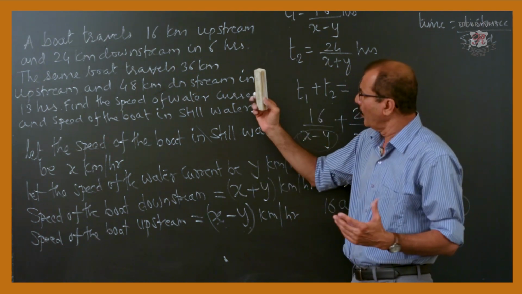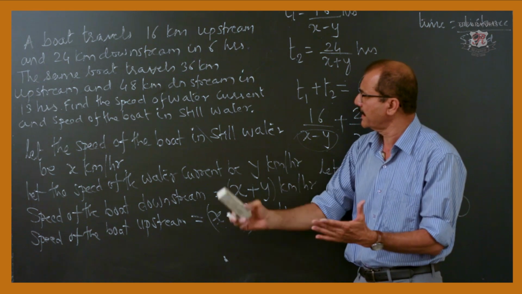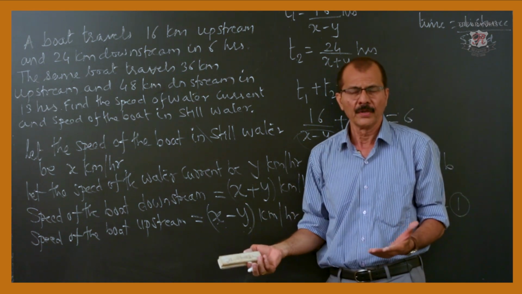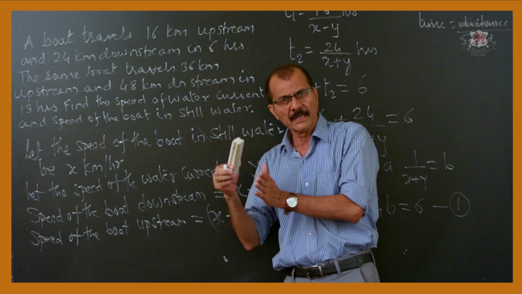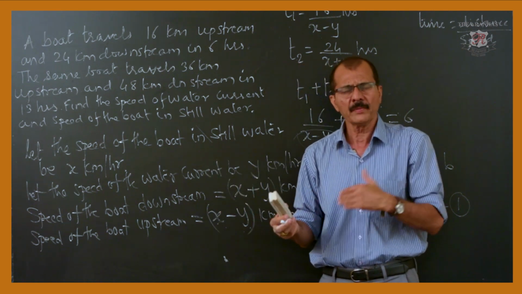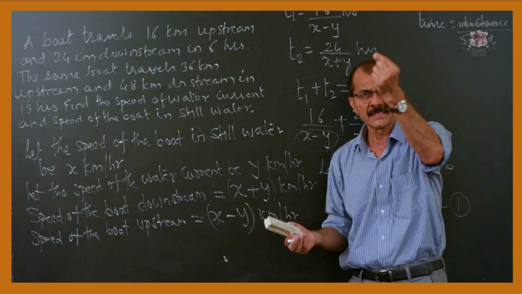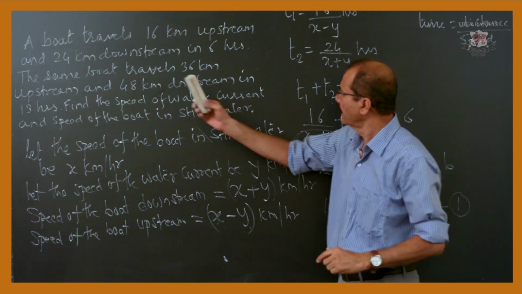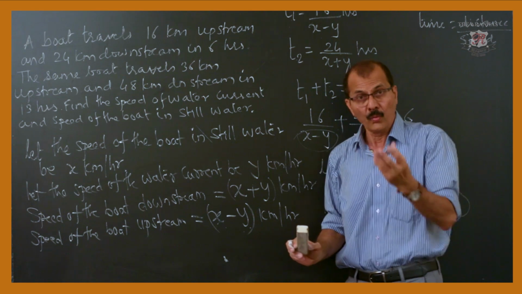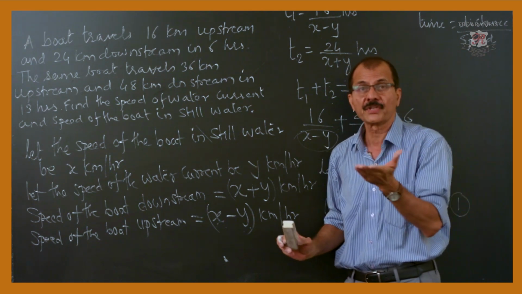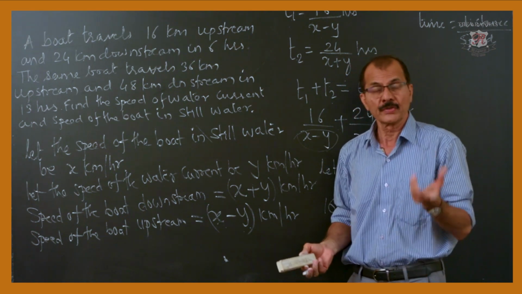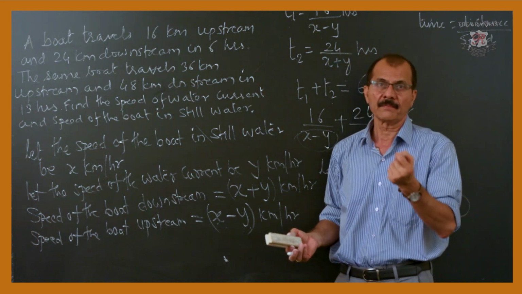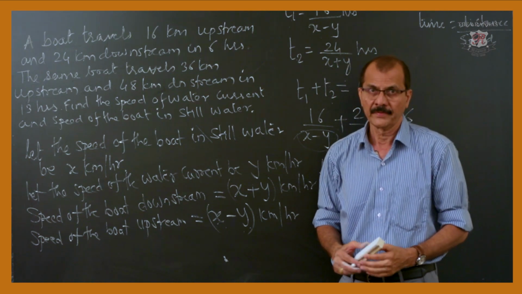So, if you know the distance traveled, 36 kilometers upstream, how much time will it take? Distance upon speed. What is the distance? 36 kilometers. What is the speed of the boat upstream? x minus y. So, time will be 36 upon x minus y.